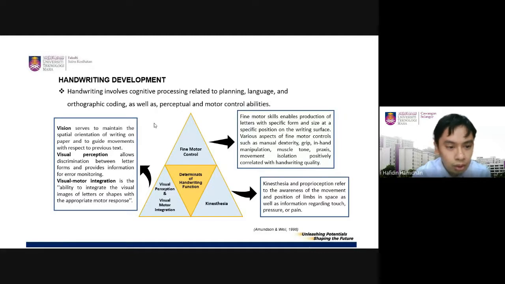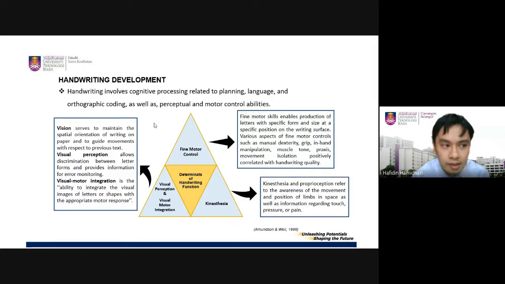Seterusnya untuk komponen visual perception dan visual motor integration, okay. Visual perception ni membenarkan discrimination between letter forms and provide information for error monitoring. Tapi it is arguably, ada mengatakan yang sebenarnya bukan visual perception yang membenarkan error monitoring, tetapi sebaliknya kinesthesia.